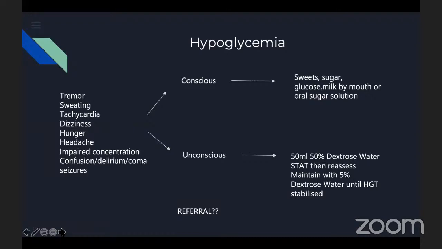Conscious patients, you can still give them an oral sugar solution to help them and then recheck their HGTs. However, if they are unconscious, then they need an IV line, and you need to give them 50 mL of 50% dextrose water stat and reassess the patient. Then once their sugars are increased, you just maintain them with 5% dextrose water until their HGT is stabilized.